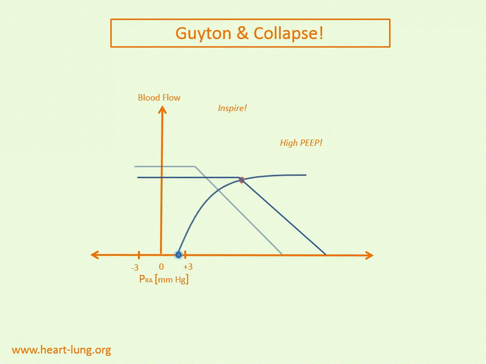Yet when this patient inspires, you may actually start to pull it onto the Starling resistor portion of the venous return curve and start to generate collapse, even though this patient is euvolemic, as in the study, and has an increase in IVC collapsibility. This patient nevertheless could be volume non-responsive simply as a consequence of an increased RV afterload.